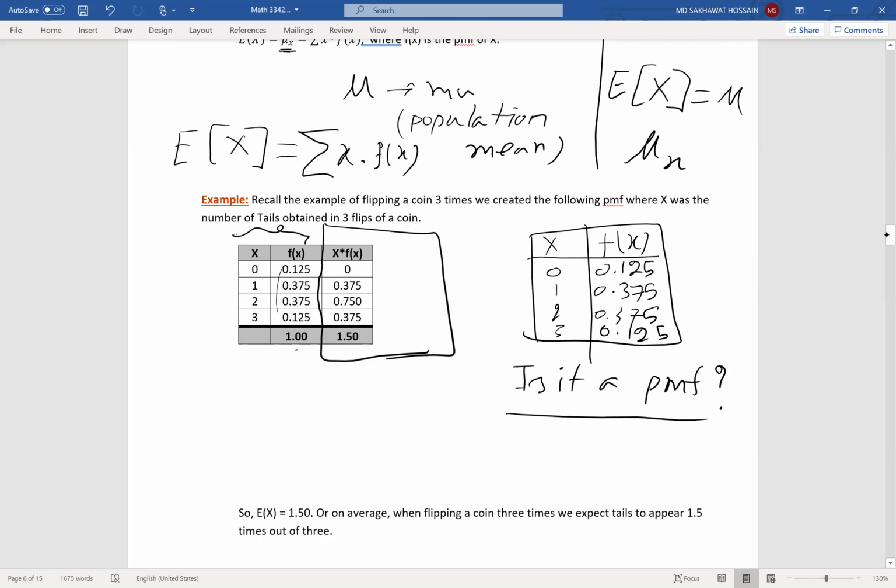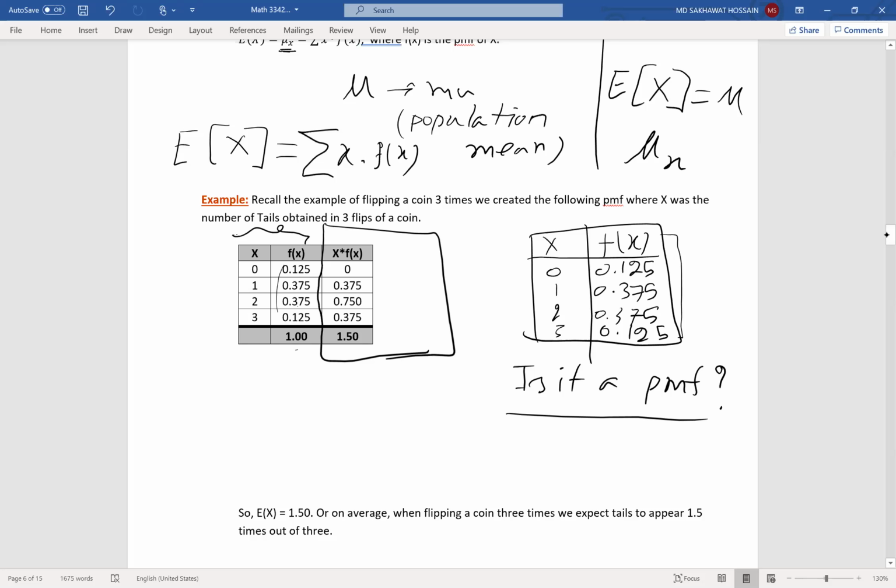Okay, so there are two things. You have possible values of x, 0, 1 to 3, that's fine. And you have the corresponding probabilities here. First, all the numbers in this column should be between 0 and 1. It cannot be less than 0, it cannot be greater than 1.